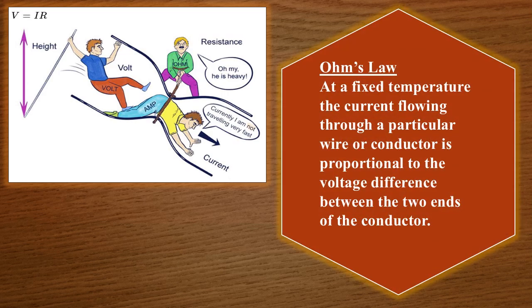Ohm's law is, at a fixed temperature, the current flowing through a particular wire or conductor is proportional to the voltage difference between the two ends of the conductor. That means V is proportional to I. V is indicated as voltage and I is indicated as electricity flow. This relation is given by the scientist Ohm.